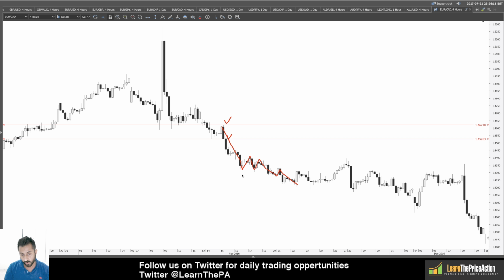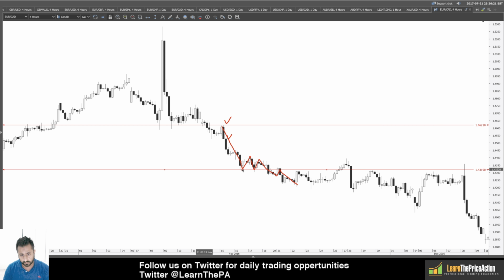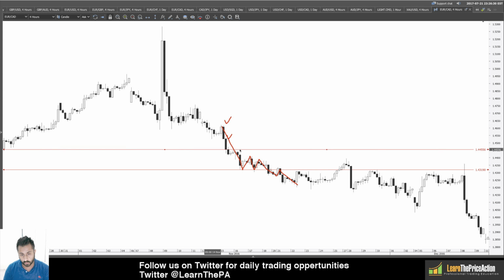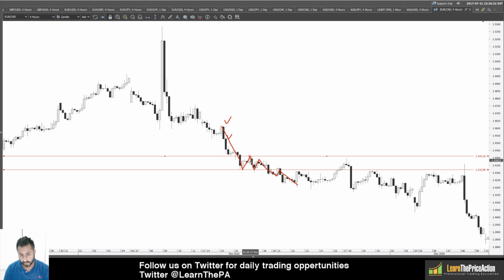So I'm just drawing these levels for you to understand. Okay, so if we have this in chart, let's see how we can move this. So your first point is going to be right here. Okay, so that's the next low, and that's the recent lower high, which is right here.